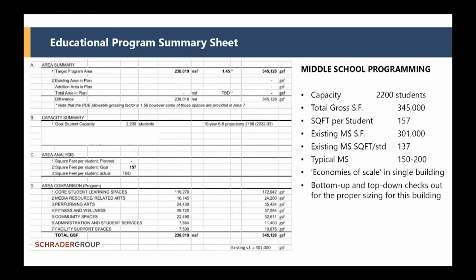But the point I was trying to get at is that should the referendum pass and we do the new middle school, students will have 20 square feet more of elbow room, which is a way of saying that they're pretty cramped right now, that they are under space by 20 square foot per student. That's certainly one way to look at it, compared to the typicals. And the typicals are tricky, but they're rules of thumb for a reason.